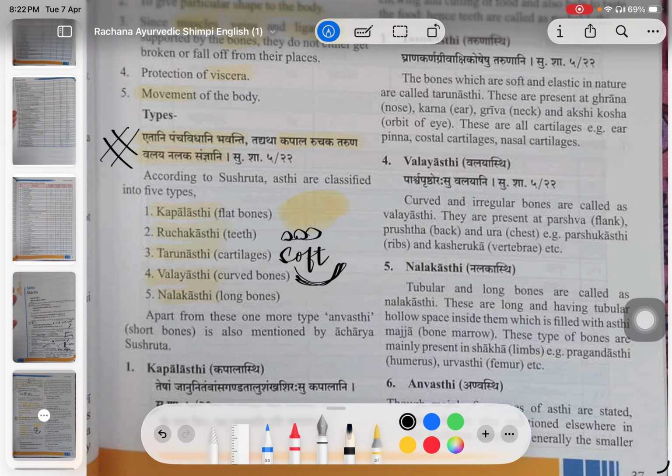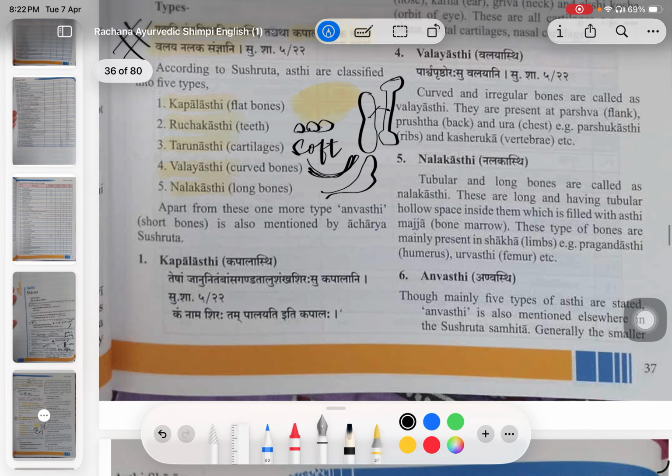Then Nalakasthi are long bones because they have channels in between. They have hollow space in between, right? So they are known as Nalakasthi.